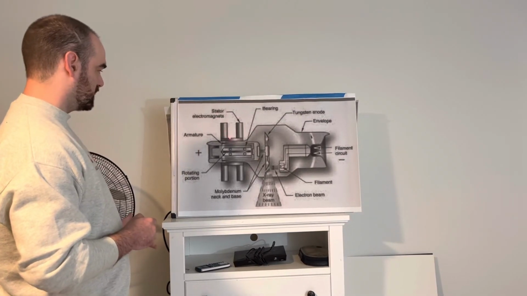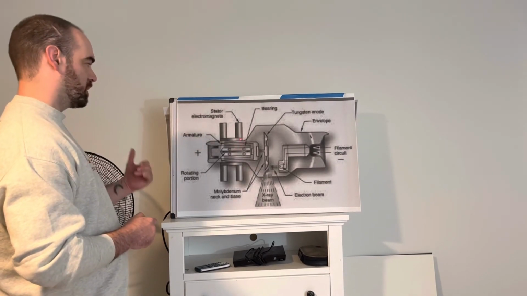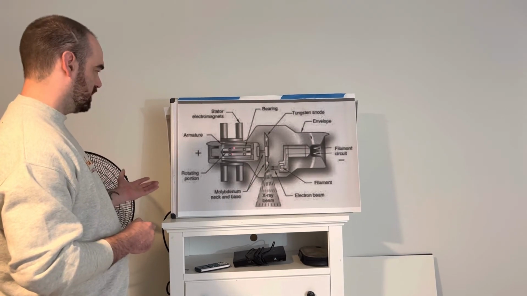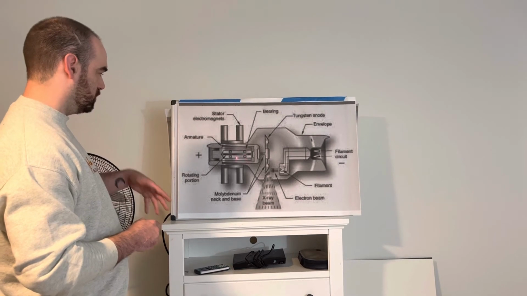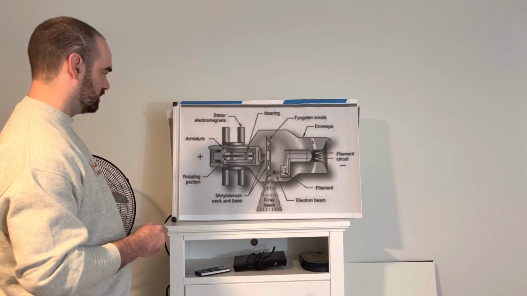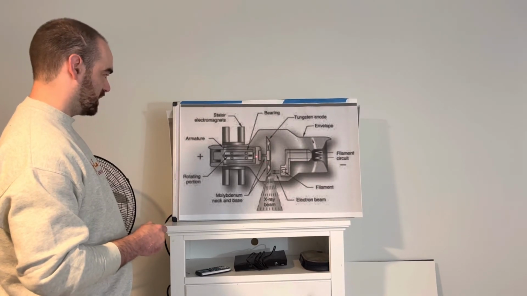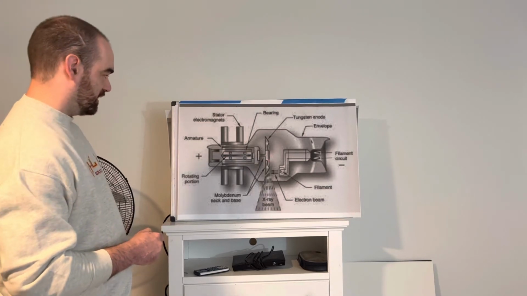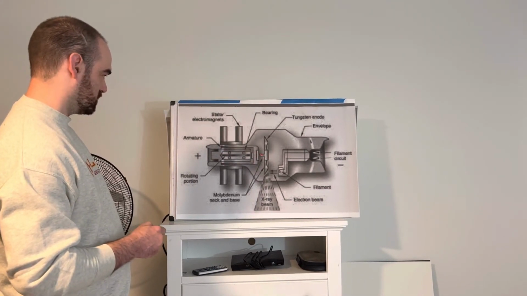The stator electromagnets, through the use of the induction motor and with the help of the armature and the bearings right here, will move the rotor. This is the rotor right here. It'll move that, which then moves the anode, as the molybdenum neck and base of the anode is attached to the rotating portion.